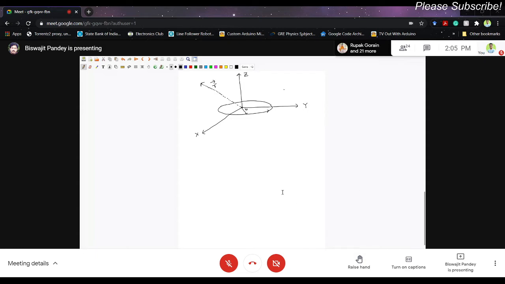It can be chosen anywhere, but then I would require three different coordinates, r, theta, and phi. Here, if I stick to the xz plane, I can use phi to be 0. If you remember, this angle is phi and this angle is theta. So my calculation becomes a bit simpler, because by choosing this on the xz plane, I am not altering any physics.